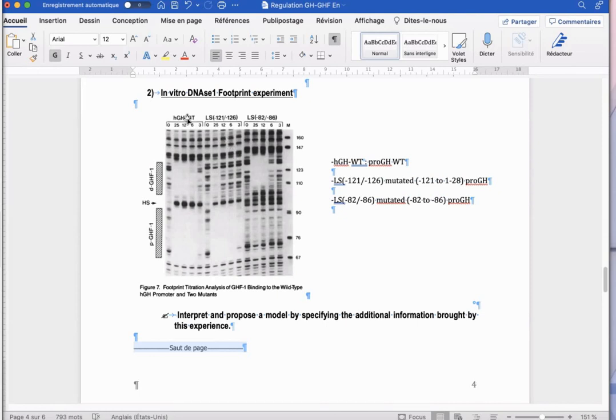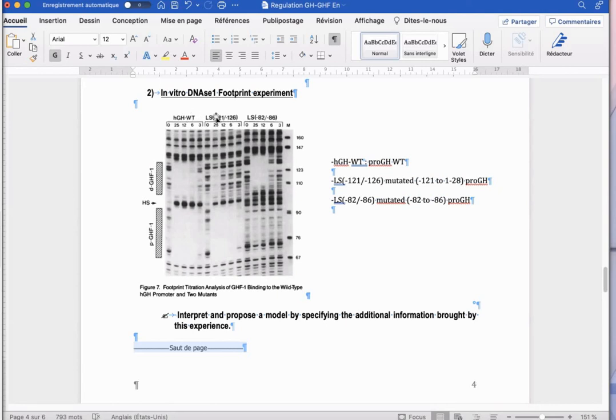If that's okay for now, I'll explain what the two mutations are. HGH wild type is the standard wild type promoter fragment that we used from the beginning of the exercise.